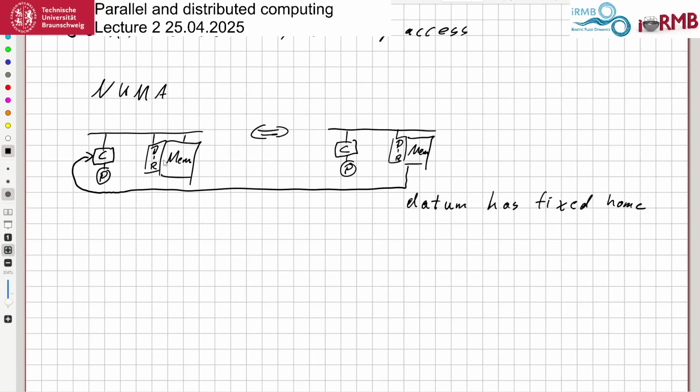This, compared to COMA, which is a bit more complicated. In addition to a directory where you find this, you could ask what's the difference between a directory and a tag? You could say this is a two-level index.